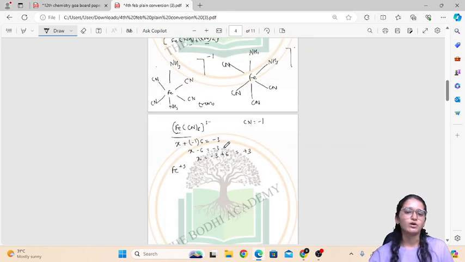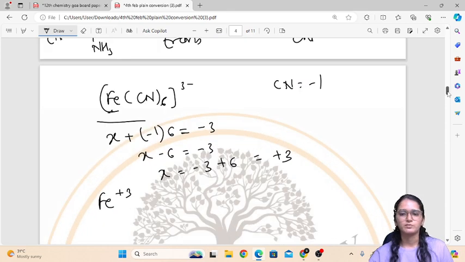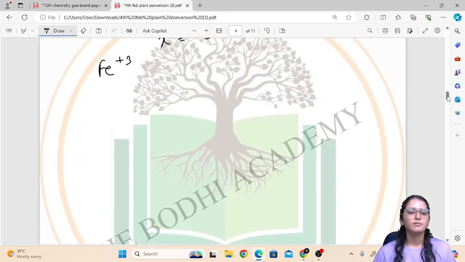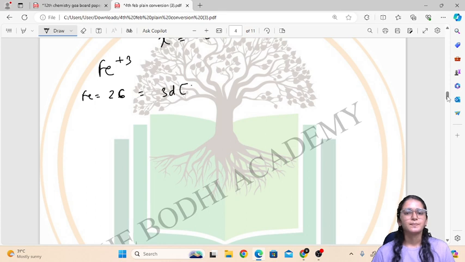Now you have to write the configuration for this, Fe3+. First we see the atomic number of Fe, which is 26, and the configuration is Ar 3d6 4s2.